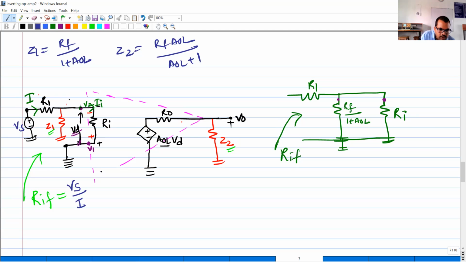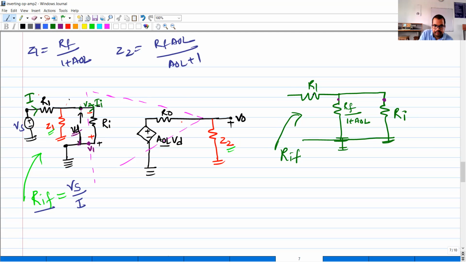Here we are going to calculate input feedback resistance, that is Vs by I at the inverting terminal. To calculate RIF, I am going to calculate the equivalent resistance. See here, what are the resistances?